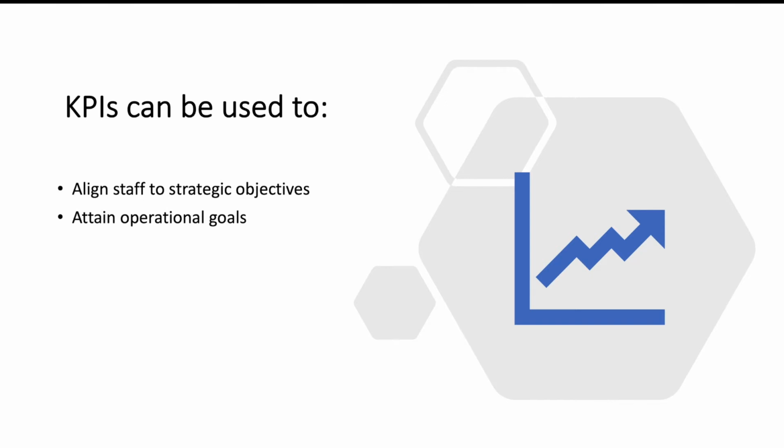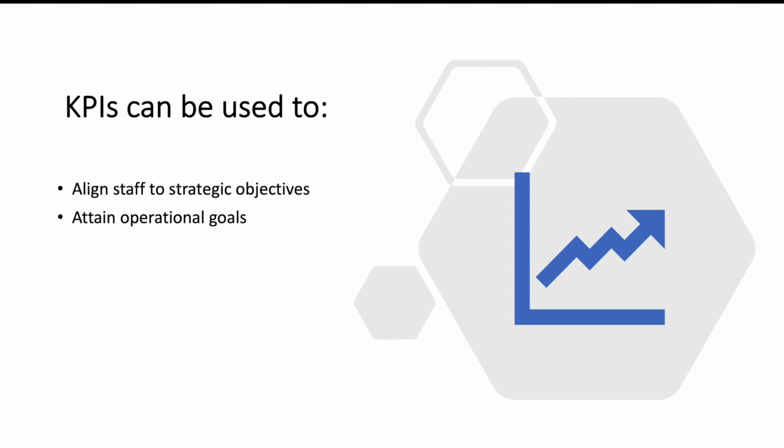If we are using the KPIs to measure the performance of any department, then definitely the staff of that department will be a little bit aligned to the strategic objectives, because the KPIs will be aligned to the goals or objective of the organization.